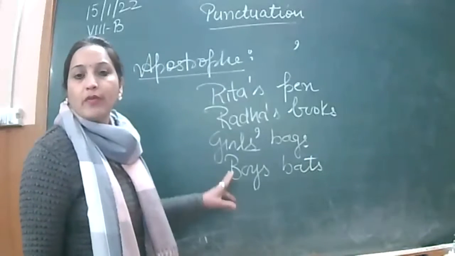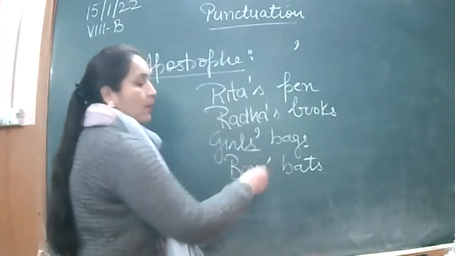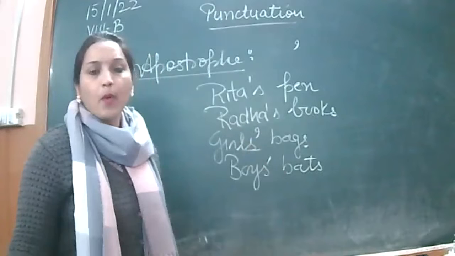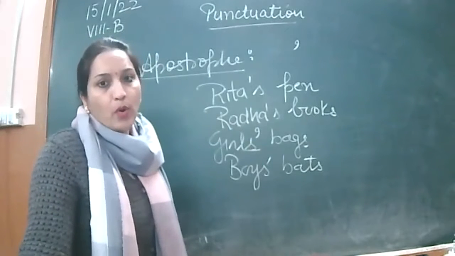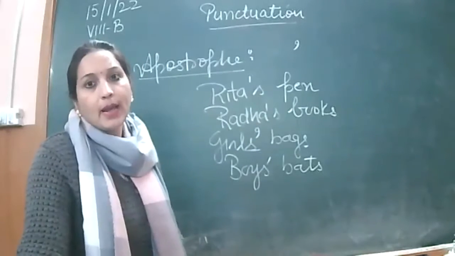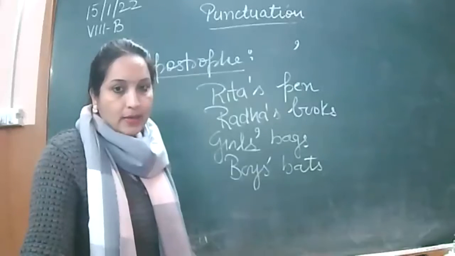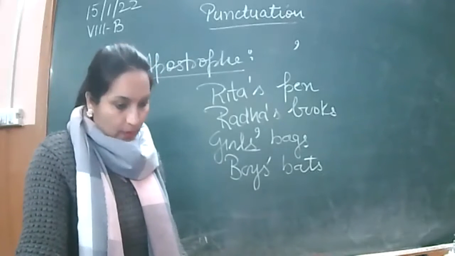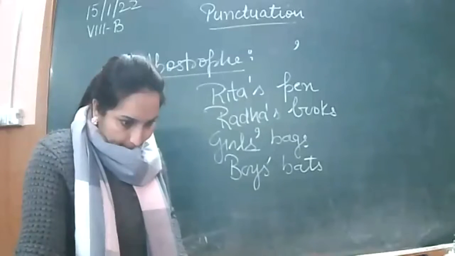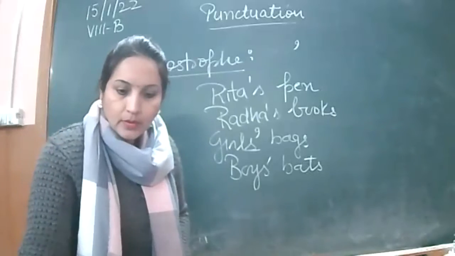If you want to show the possession of boys' bags, then you use the apostrophe after the S. Keep this in your mind. It is a very important punctuation mark, and so many students do not know about it and commit errors in their exam. Okay? Clear?